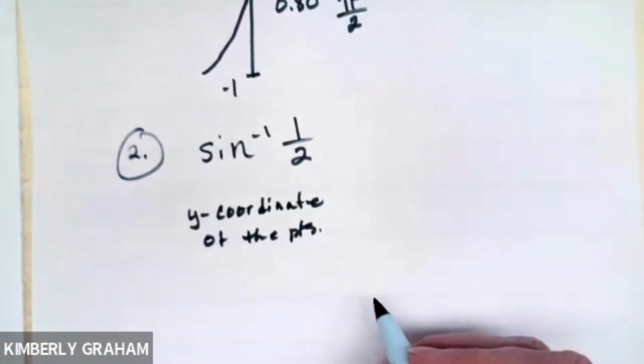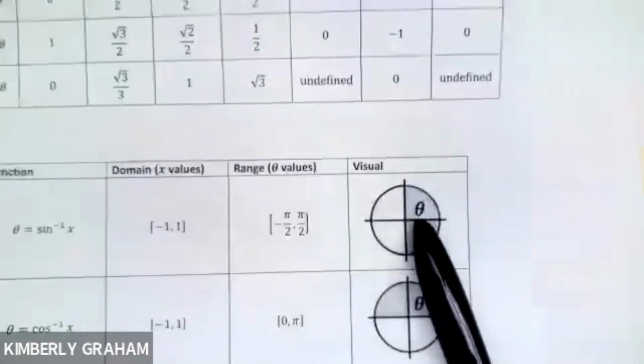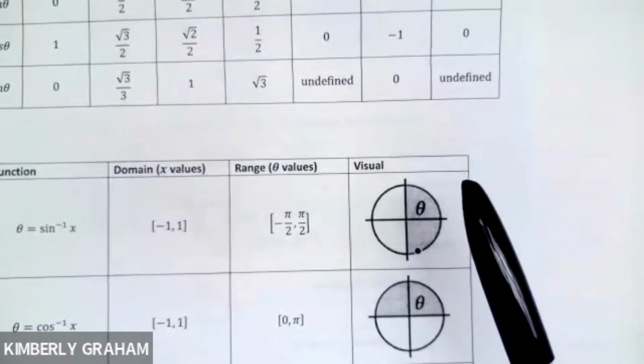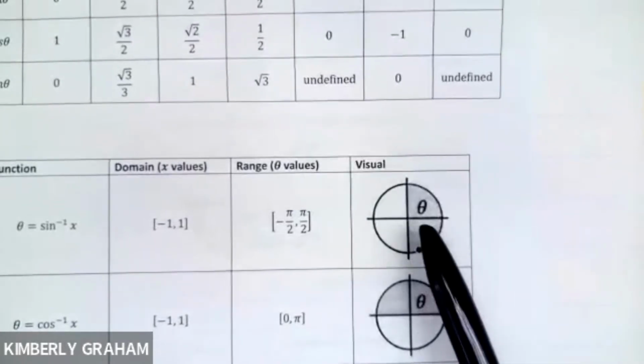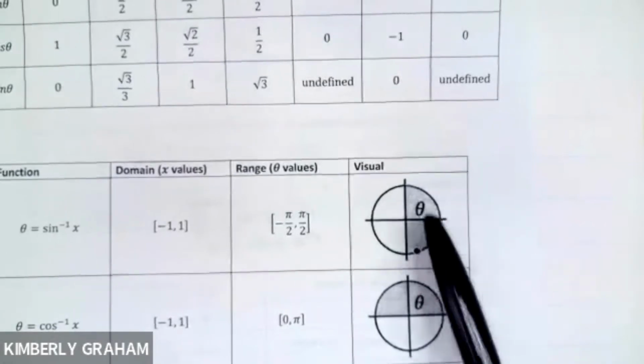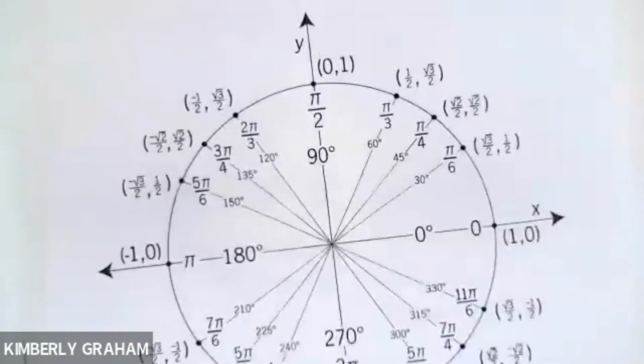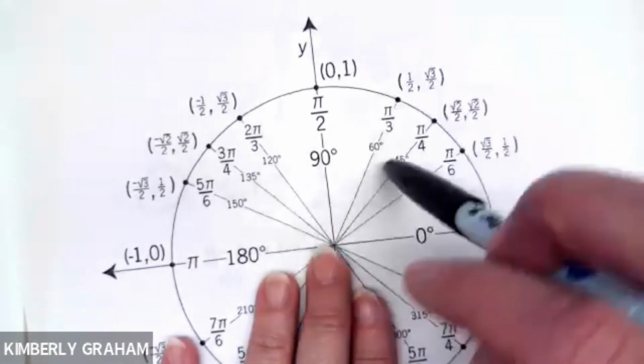So am I going to be in quadrant 1 or quadrant 4? Where's my y value positive? 1. Okay. So I know that I need to be up here in quadrant 1.